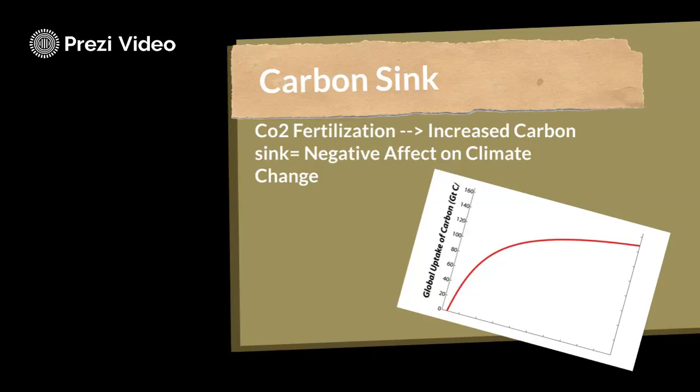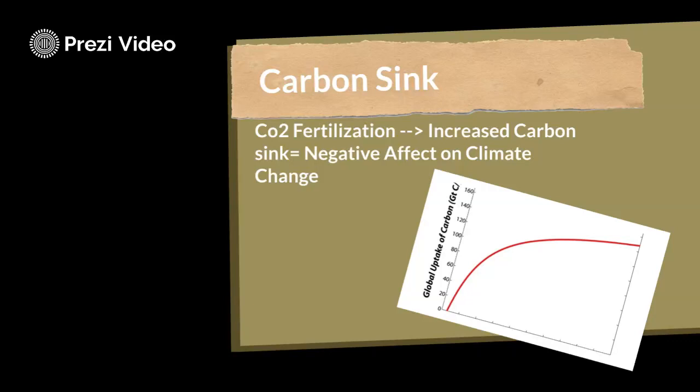This is because higher CO2 fertilization increases vegetation capacity for carbon sink. And, like we mentioned previously, plants are able to pull CO2 from the environment through photosynthesis and a related process known as intrinsic water use efficiency.